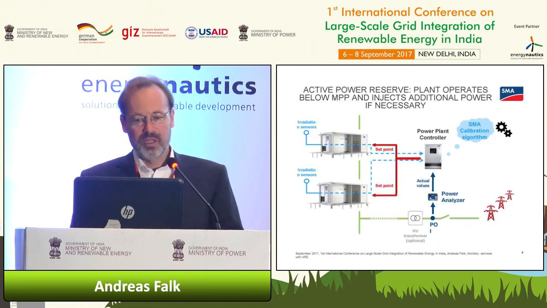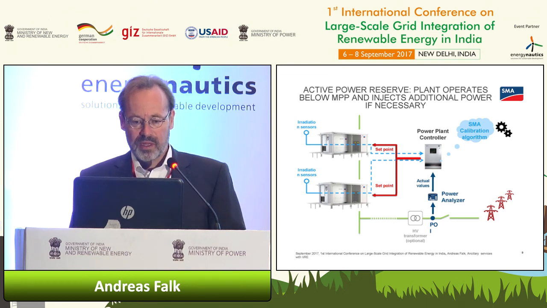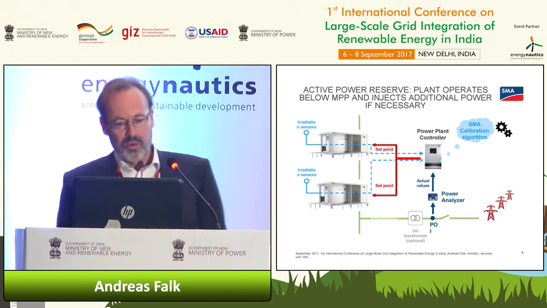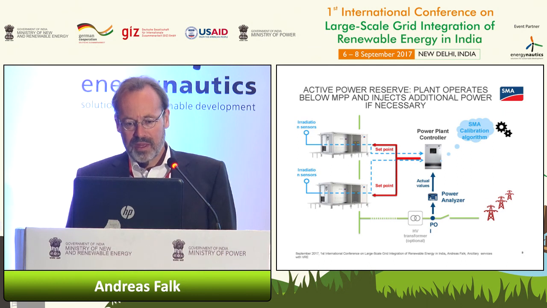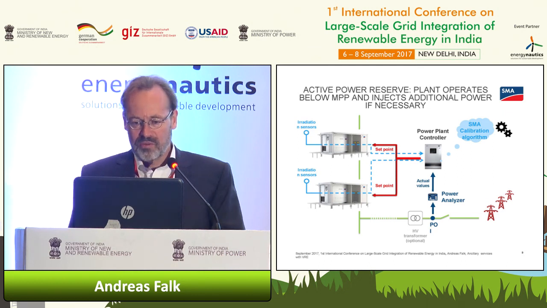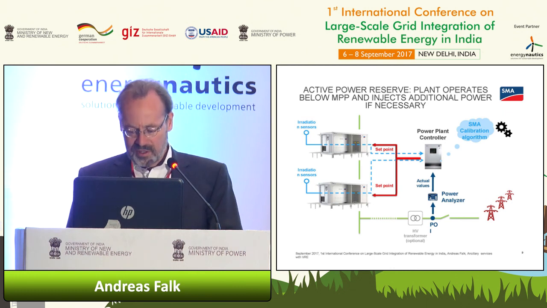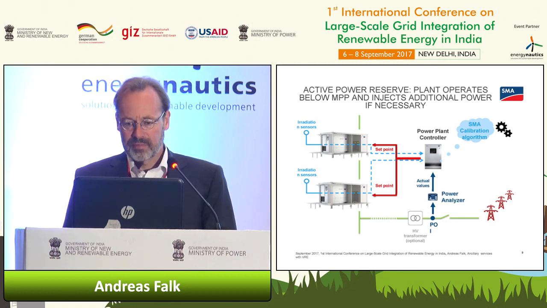How to run a plant with active power reserve? Here you have the units, an inverter with medium voltage transformer and switchgear in a container in this case, and they are controlled via a power plant controller that controls the energy flow and the reactive energy flow at the point of interconnect.